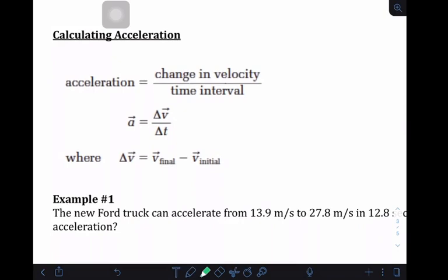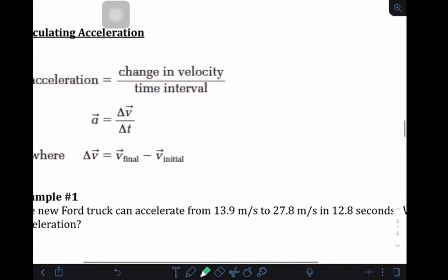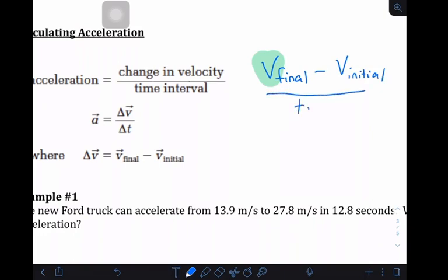To find the change in velocity, we take the final velocity minus the initial velocity, and then that's divided by time. You see this triangle, which we refer to as delta, and that means a change. So we have a change in velocity divided by a change in time.